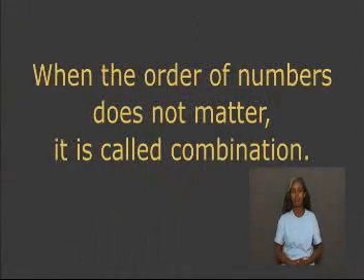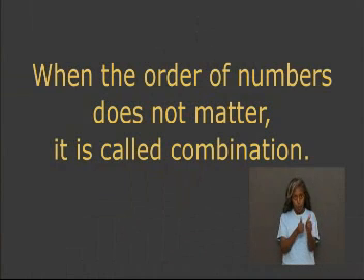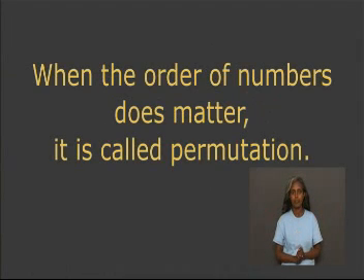If I told you the numbers in my telephone number, the order would matter. In mathematics, when the order does not matter, it is called combination. When it does matter, it is called permutation.